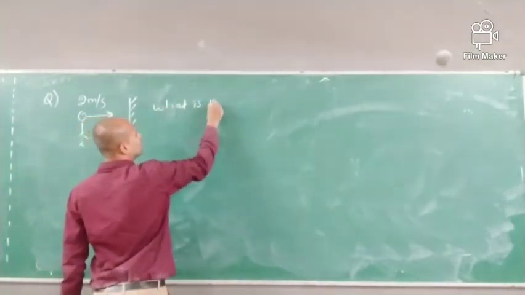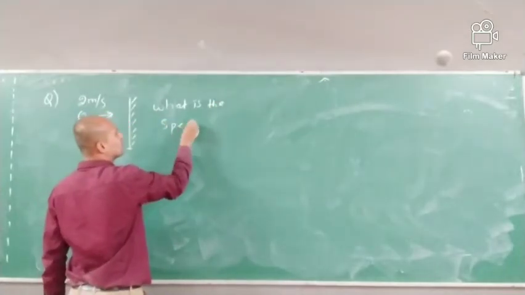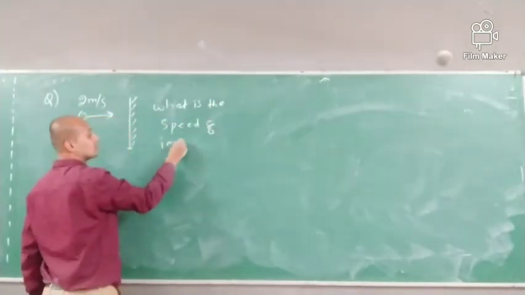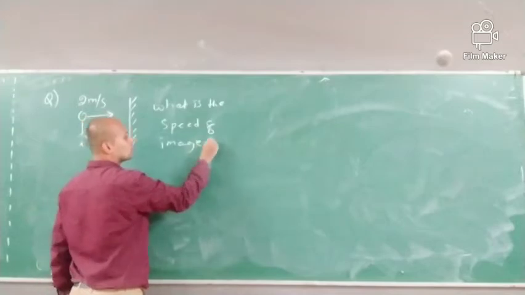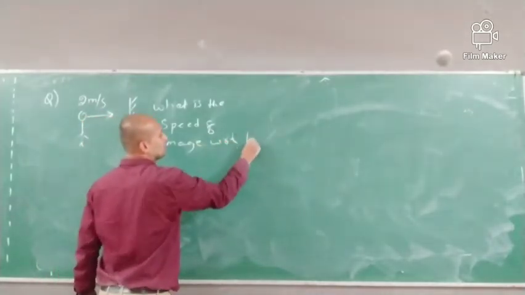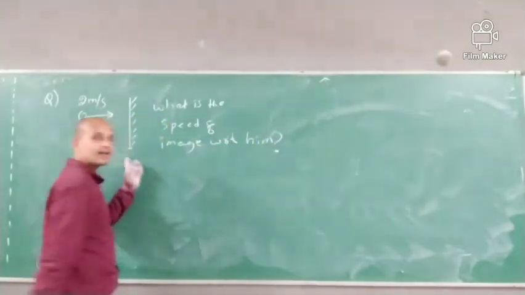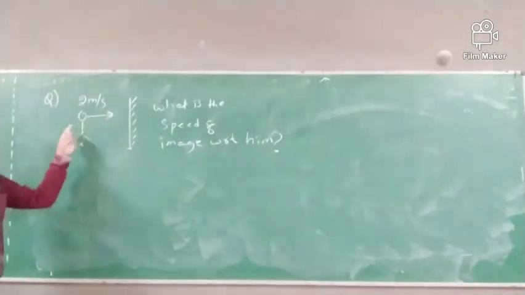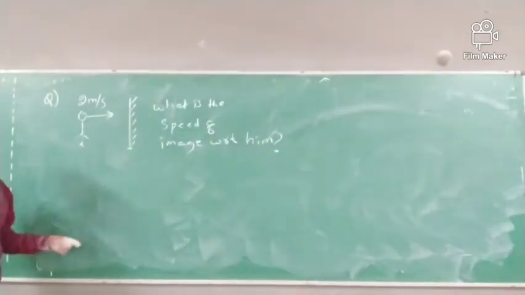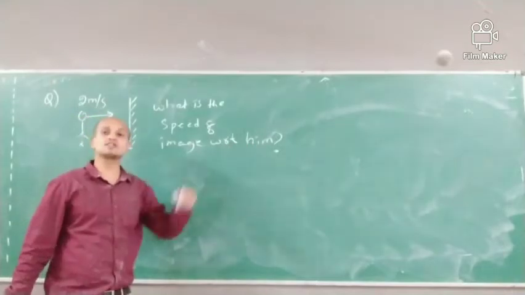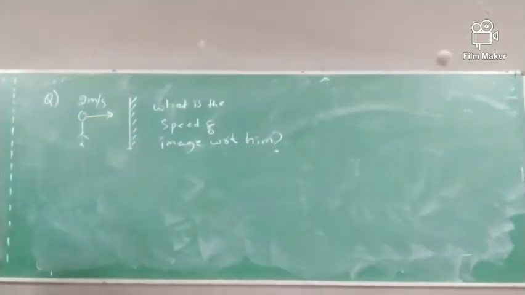What is the speed of image with respect to him? Him means who? The person in the diagram, who is moving with 2 meter per second. That is the question. Very nice question it is.